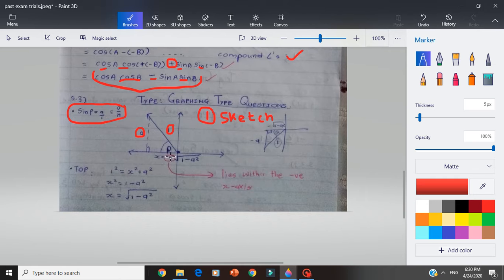And so using the theorem of Pythagoras, I can work out what x is, and that will give me the negative of the square root of 1 minus a squared, because this lies on the negative x-axis. Right, and that's how I got this. But don't forget the negative. After you do the theorem of Pythagoras, look at which side of the axis it lies, positive or negative.